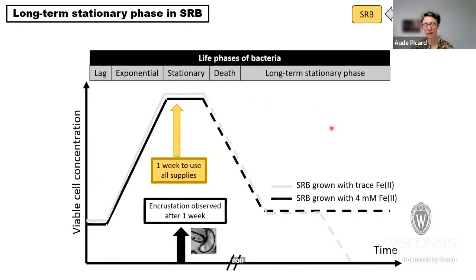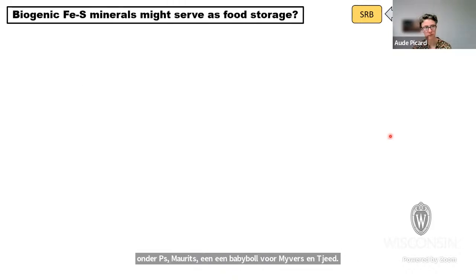So my question here was to try to understand, there are very different aspects that we can look at. What I'm going to show you quickly is I was trying to see if all the organic carbon that is stored into those minerals could be available for microbes to eat, basically, when there's no food left available.